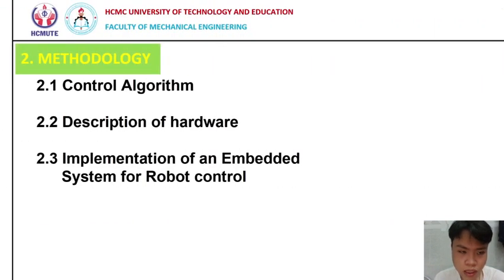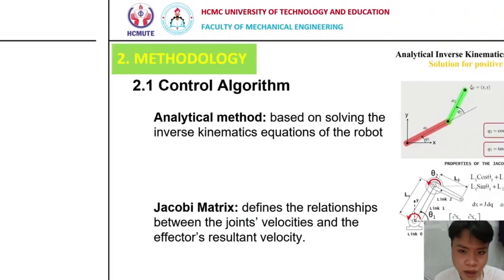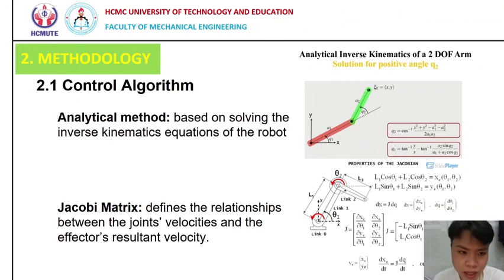And we move to the methodology. First, we have the control algorithm. Then we will move to a description of the hardware we use in this project. Then we will describe the implementation of an embedded system for robot control. For the control algorithm, we have two methods used in this project. The first is the analytical method, based on solving the inverse kinematics equation of a robot.